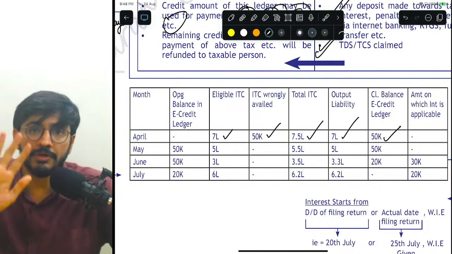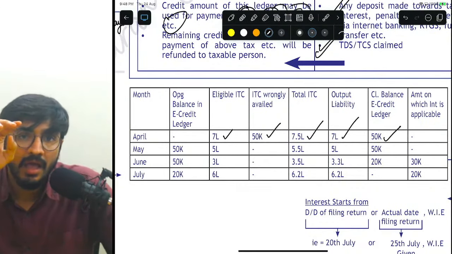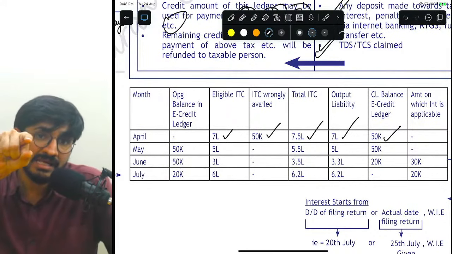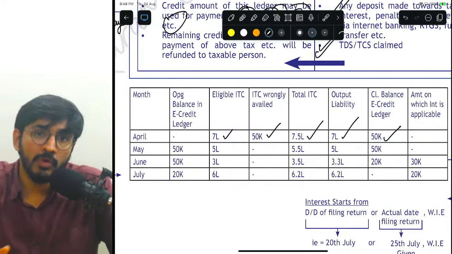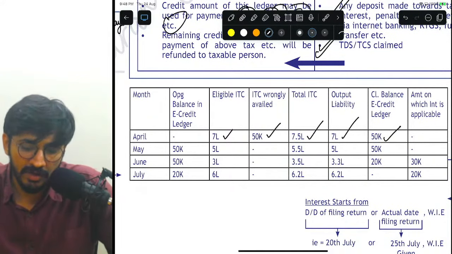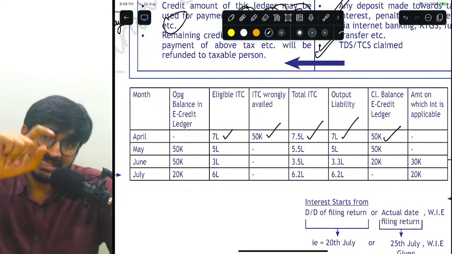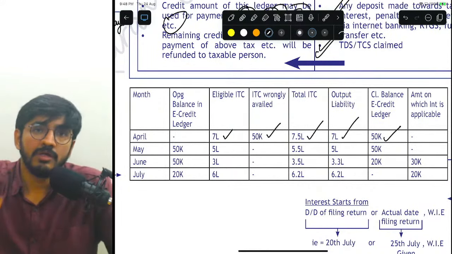It will be considered as utilized only when the balance in the e-credit ledger dips below the ITC that you wrongly availed.